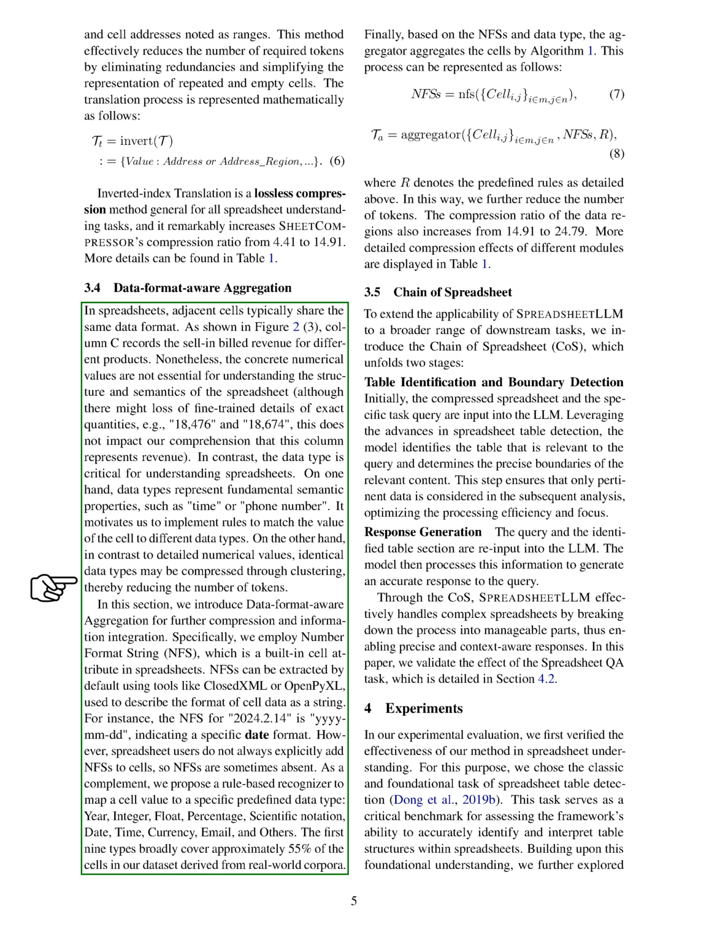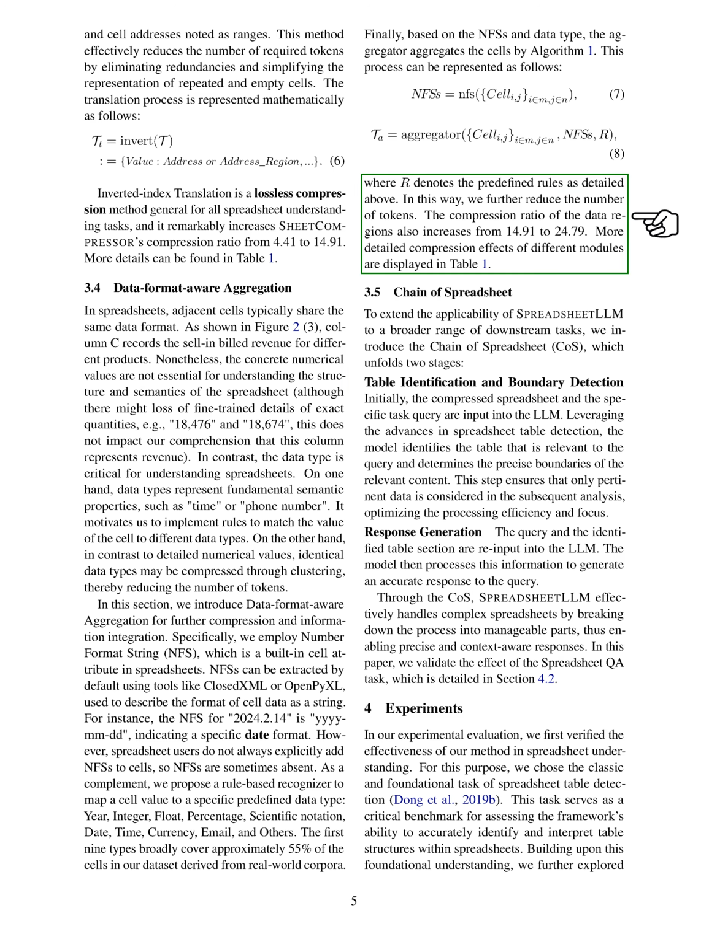Additionally, we proposed a rule-based recognizer to map cell values to specific predefined data types like year, integer, float, percentage, and others. By aggregating cells based on NFS and data type, we further reduced the number of tokens and increased the compression ratio from 14.91 to 24.79.